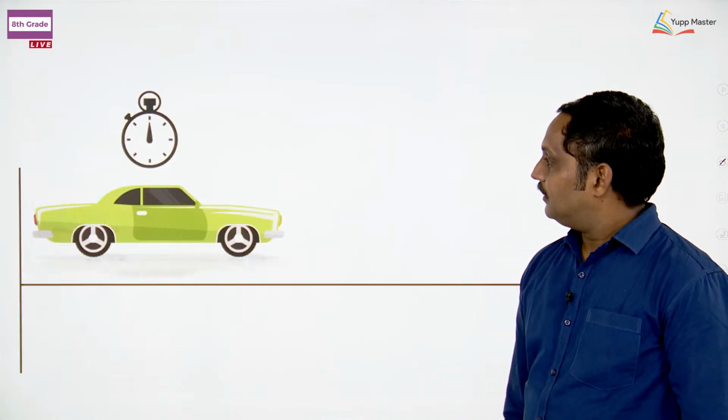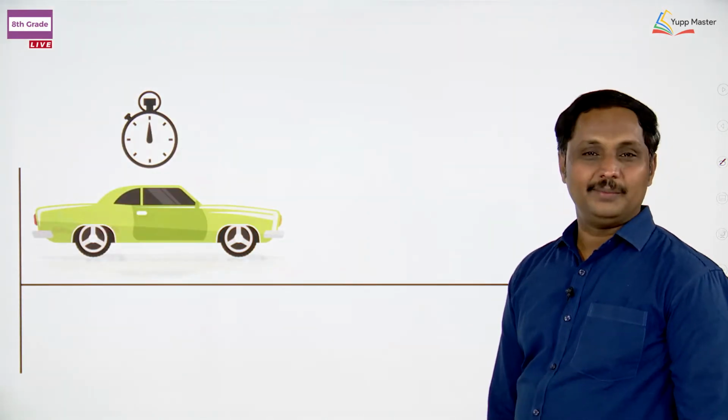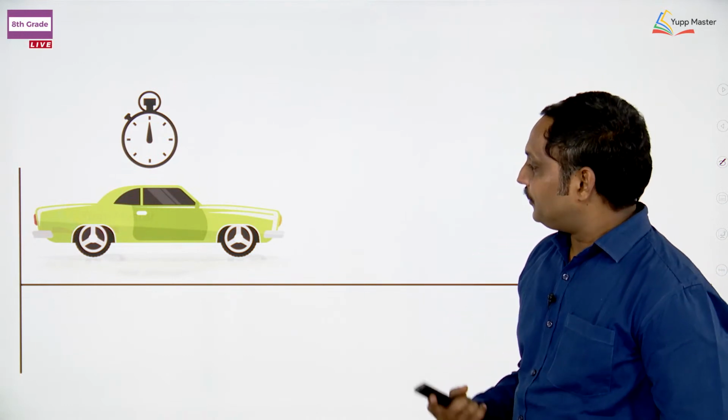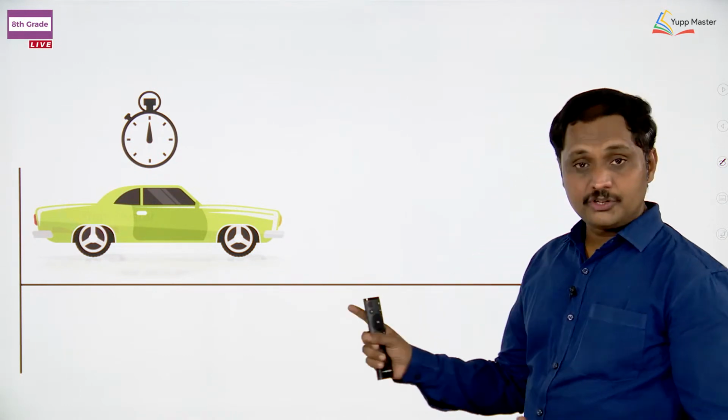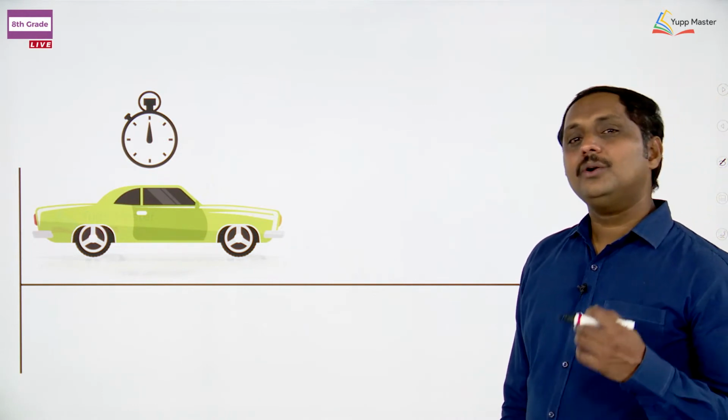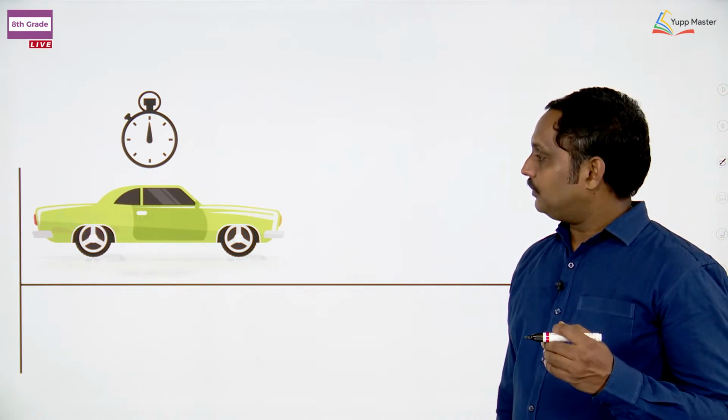If you take physical quantities like displacement and time, time is one physical quantity. Suppose the car is at rest. If it is going to move in a particular direction along one dimension, how will you measure that?